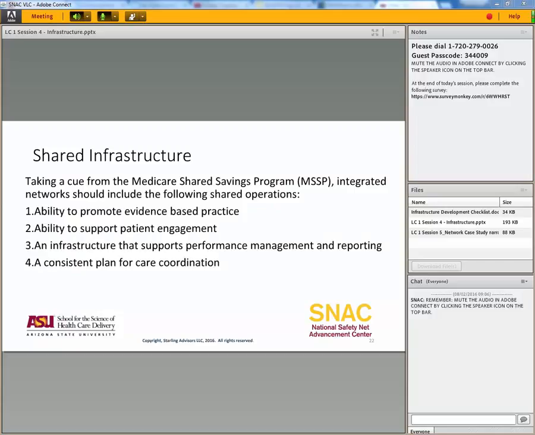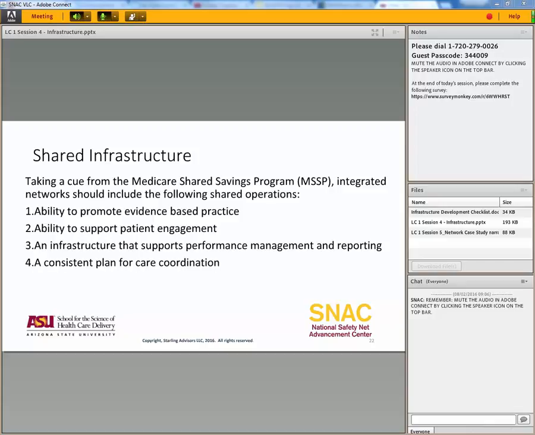We are going to talk a little bit about this through the lens of the Medicare Shared Savings Program. And certainly, for organizations operating in the safety net, Medicare may be an important payer, but a lot of times we're more focused on Medicaid or the uninsured or other populations of patients. So why look at Medicare? Well, because Medicare has created an important template that we feel has propagated pretty effectively through Medicaid and other payment reform methodologies.